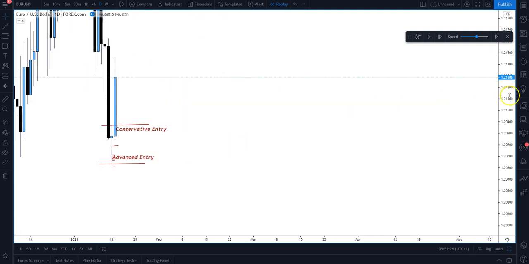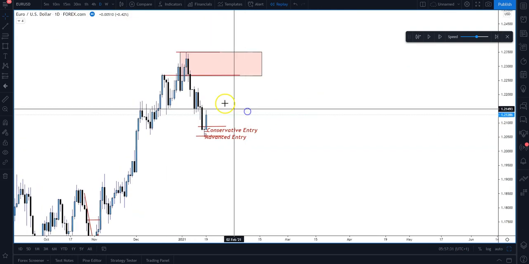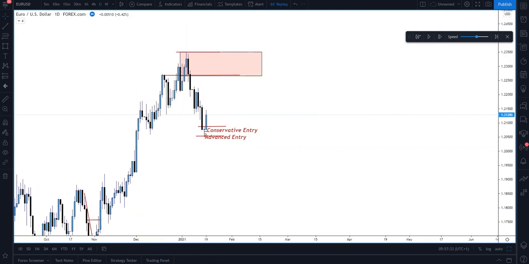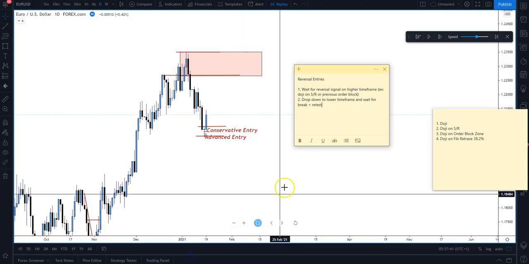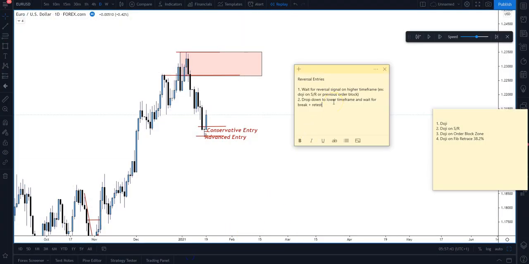But our next move after we do that, alright, drop down to a low time frame, wait for a break and retest to enter. Y'all please take down these notes.